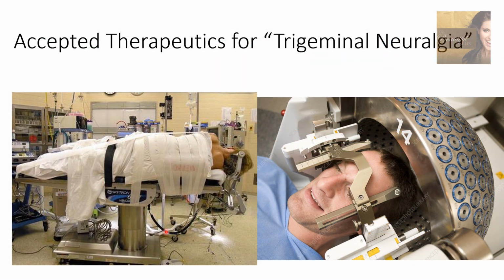So, accepted therapeutics for trigeminal neuralgia. I took these two pictures off of Facebook. This woman's being prepped for MVD, and she wanted to share with other people that are suffering, and people that maybe don't suffer, to help them understand this is where the incision is going to be made, right here. And then this is gamma knife.